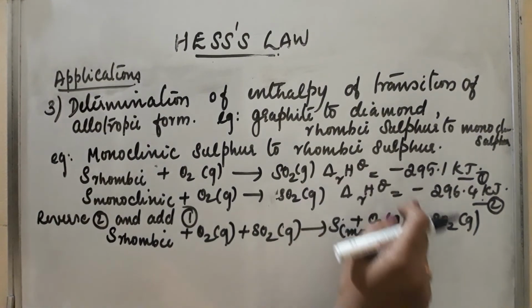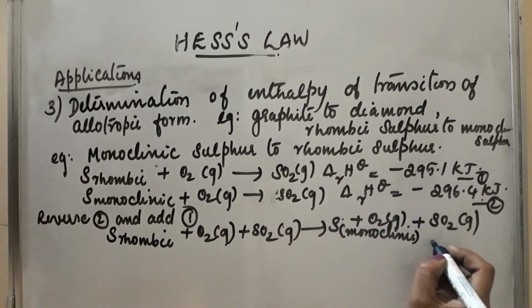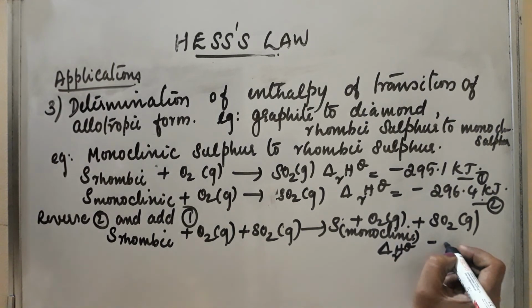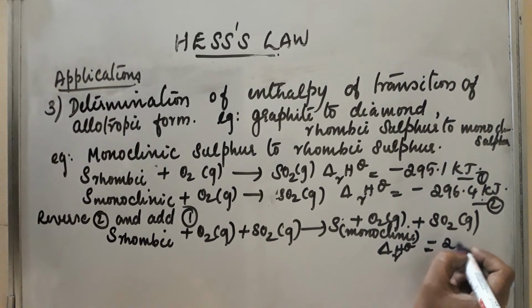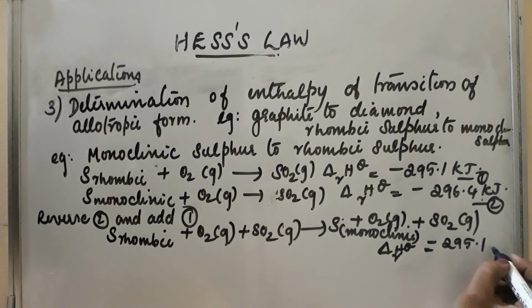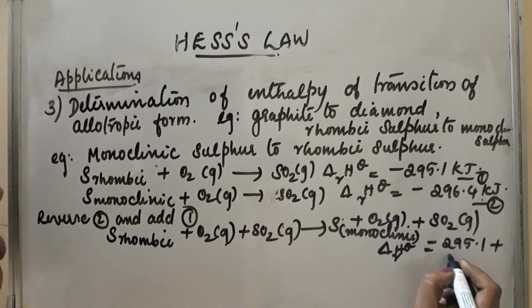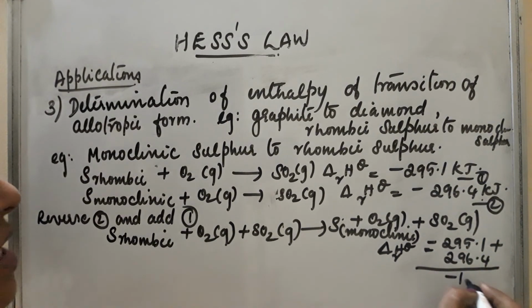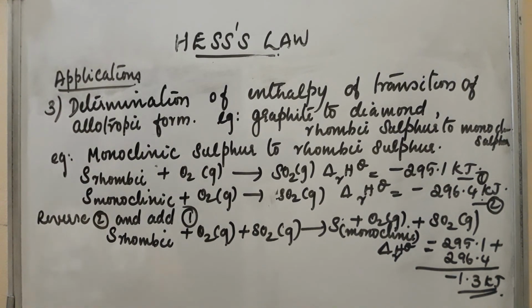Now we are adding these two. The sign is reversed, so delta H will be equal to minus 295.1 plus 296.4. We will get minus 1.3 kilojoule. This much is the energy during the transformation.